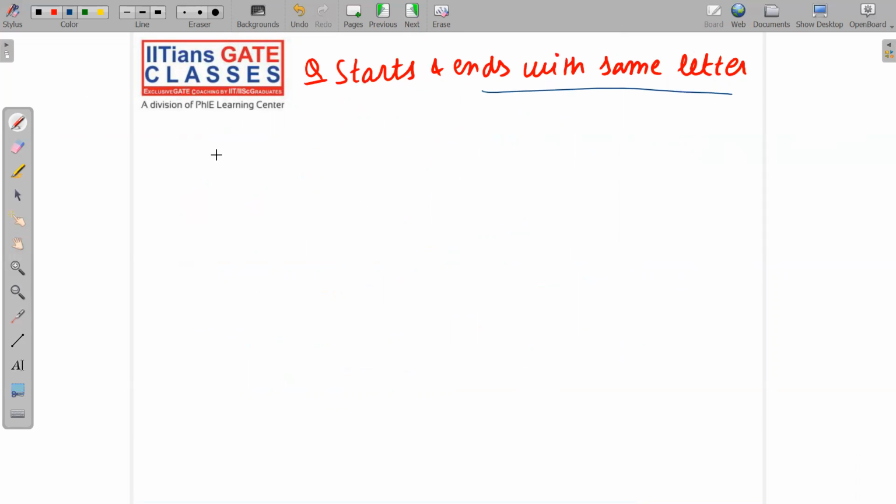Start and end with same letter. You will say, obviously, this is again very simple: start with A and end with A, or start with B and end with B. But actually this is wrong. Why is this wrong? The smallest possible string which starts and ends with the same letter is A. Where is A? You are not representing A, so you have to write A properly like this.